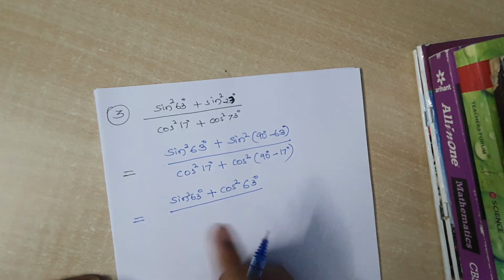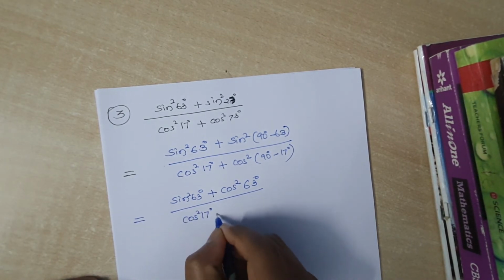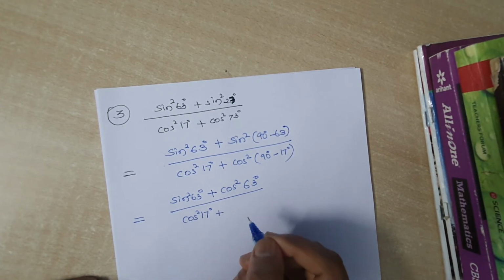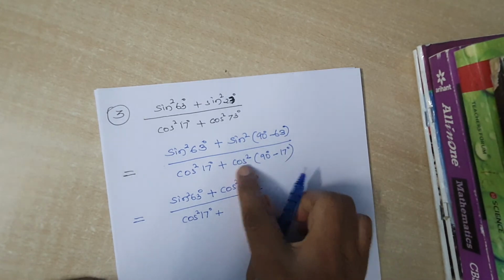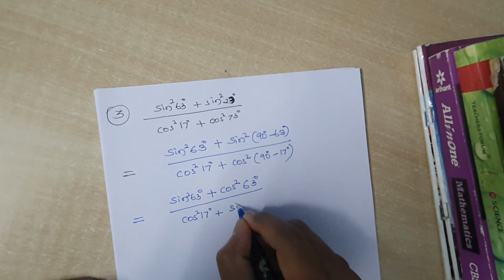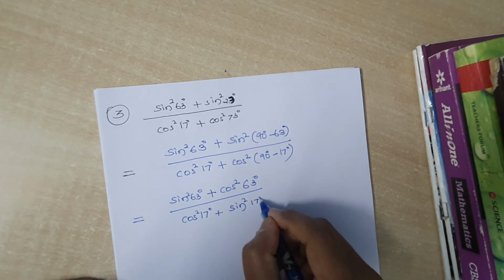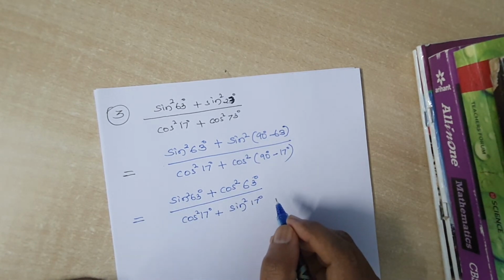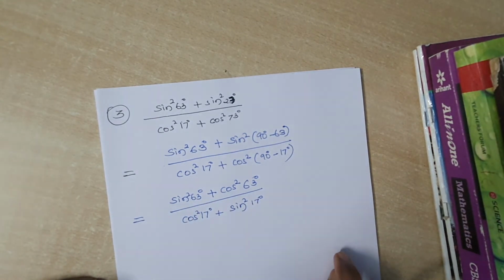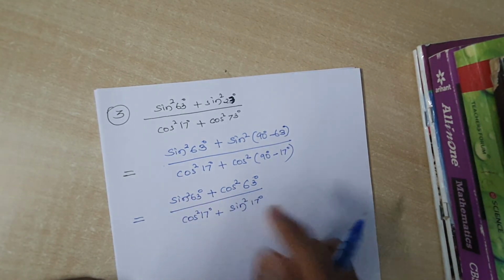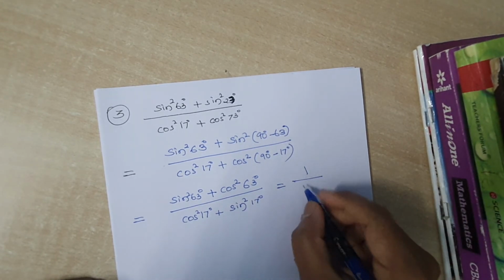Here it is cos square 17, and here cos 90 minus theta is sin theta, so cos square 90 minus theta is sin square. Now we can apply the formula. Sin square theta plus cos square theta is how much? 1. Cos square theta plus sin square theta is how much? 1.